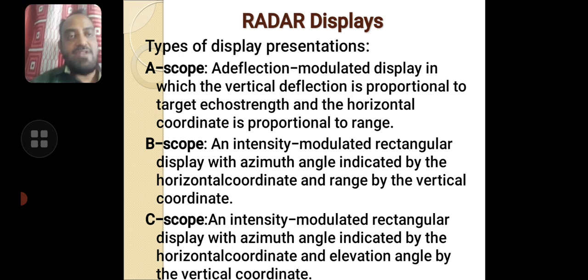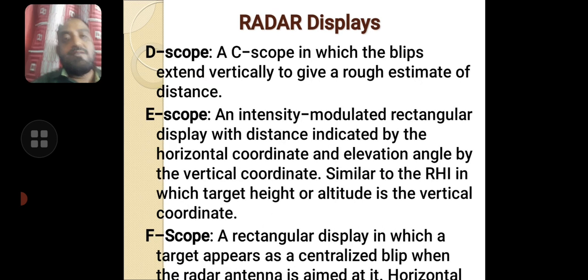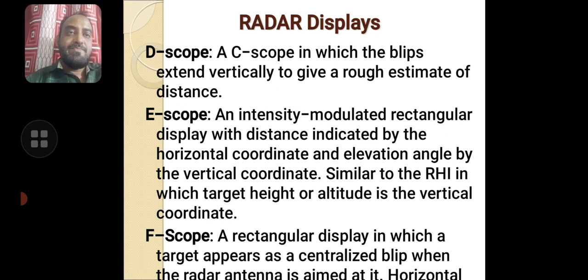If it has the range also, that will be useful for tracking. Now the other scope is D-scope, a C-scope in which the blips extend vertically to give a rough estimation of distance. So this is very much suitable for tracking.